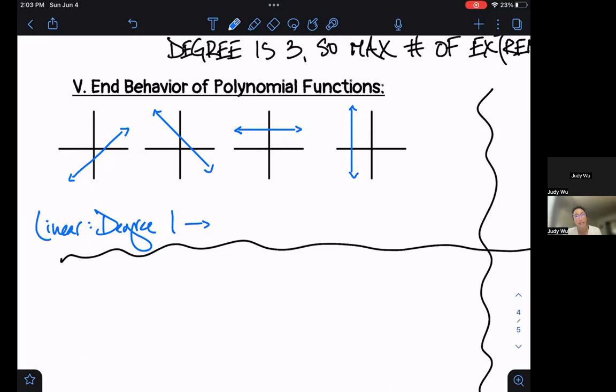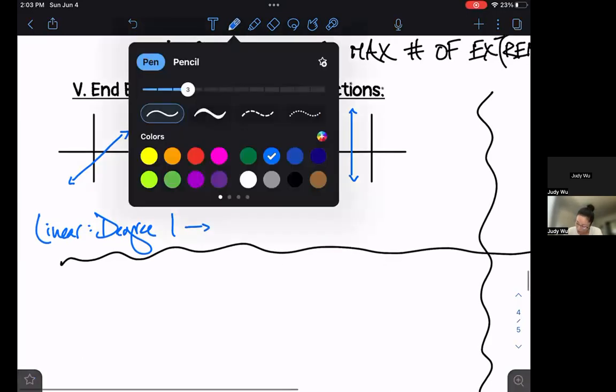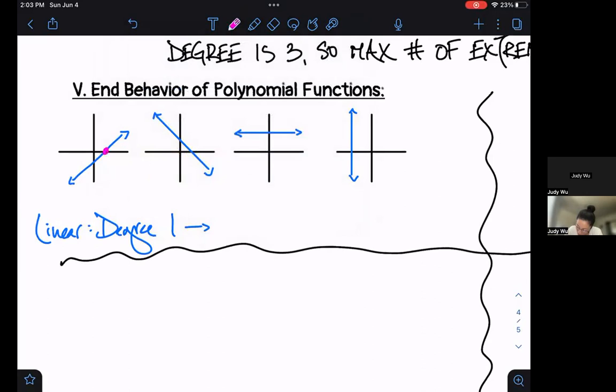But the question I want us to think about now is how many x-intercepts do we have, all right? And so when we think about x-intercepts, we might notice that this one has 1 right here. This second picture has an x-intercept here. The third picture has no x-intercepts, and then the fourth one has 1 x-intercept, okay?